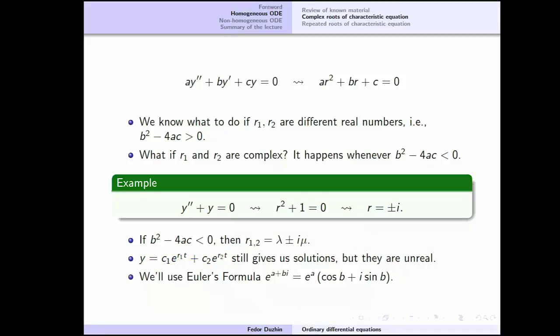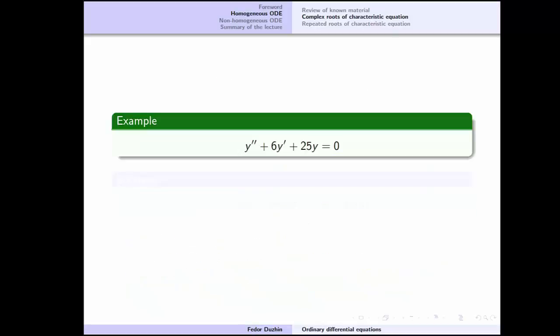But now we are going to make a certain trick. We are going to use Euler's formula in order to convert two complex solutions into two real solutions. That's what we're going to do. I will show you how it works in a particular example.